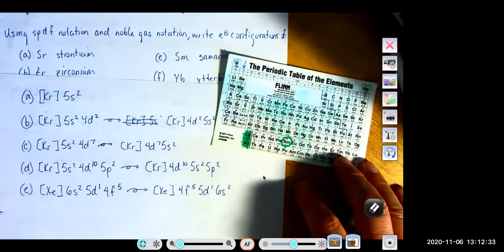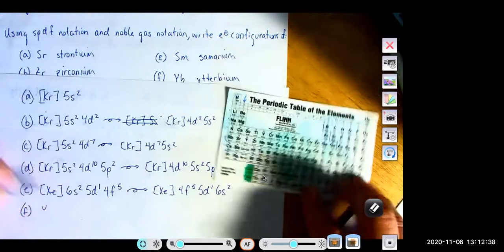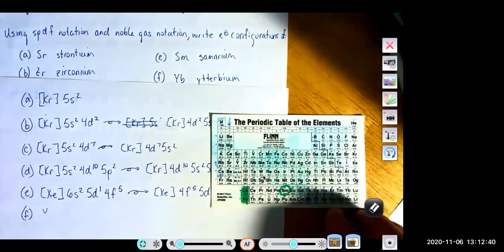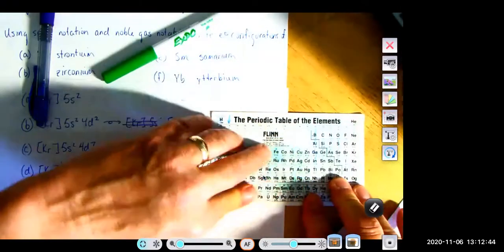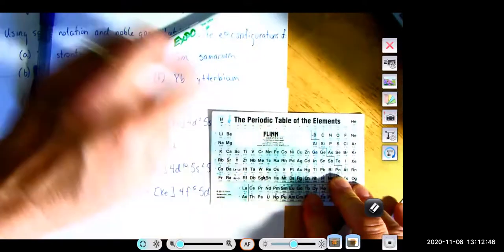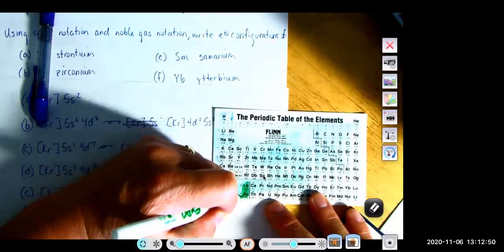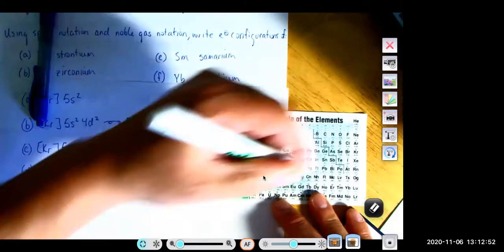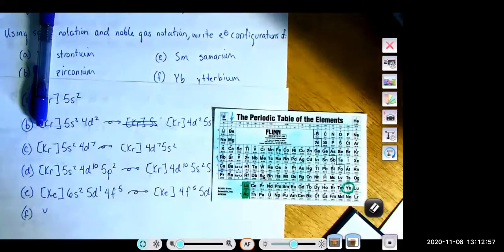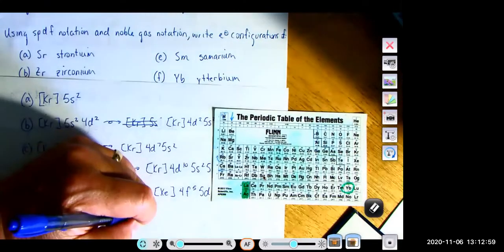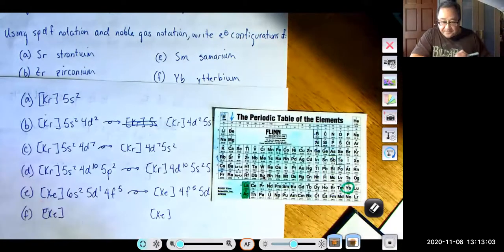How about ytterbium? It's on the f block, so we still start with xenon, 6s2, 5d1, and 4f13.